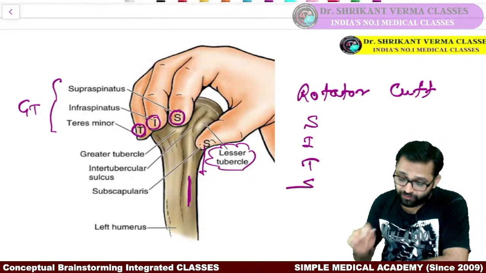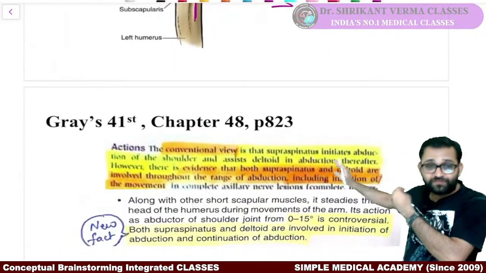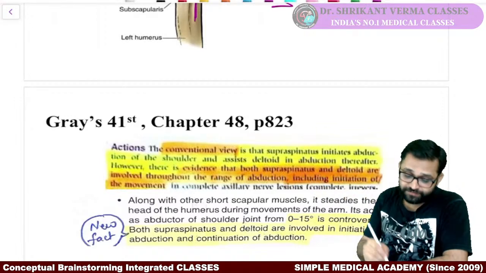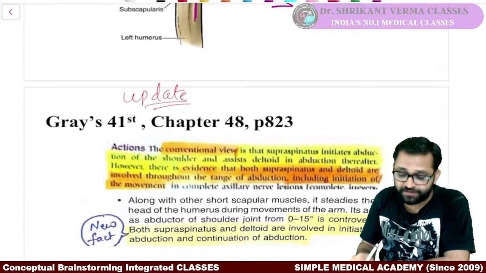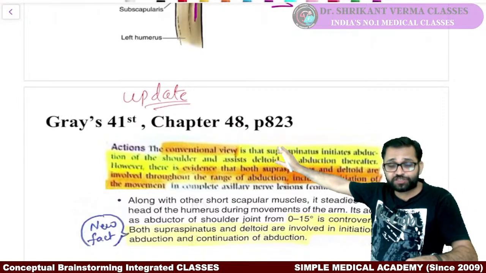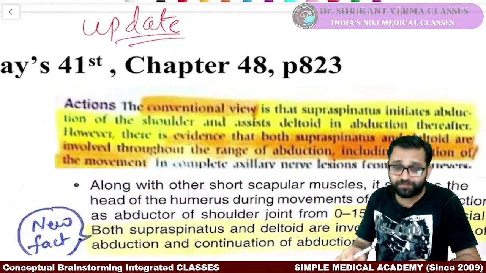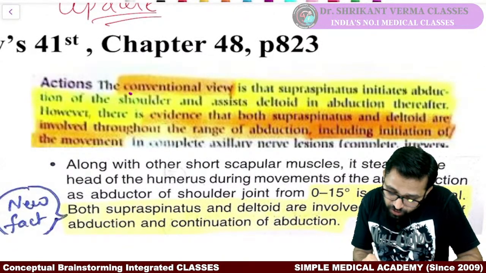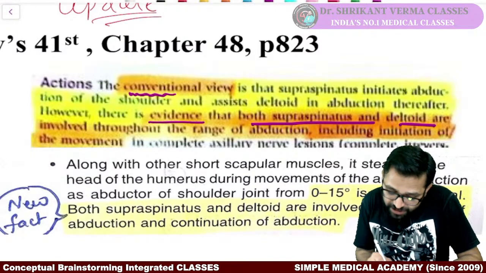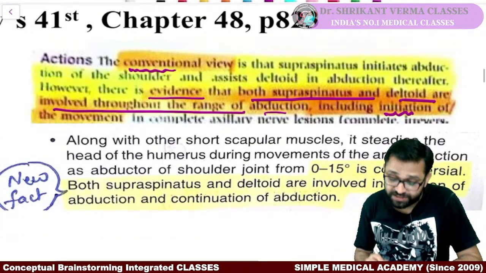Okay, got the point? Now try to understand. At that time there was one slide which I showed to the students, one update. See here, this is the update. Right now the 42nd edition of Gray's Anatomy, chapter number 48 and page number 823, is writing that there is the conventional view, and there is evidence that both supraspinatus and deltoid are involved throughout the range of abduction, including initiation.